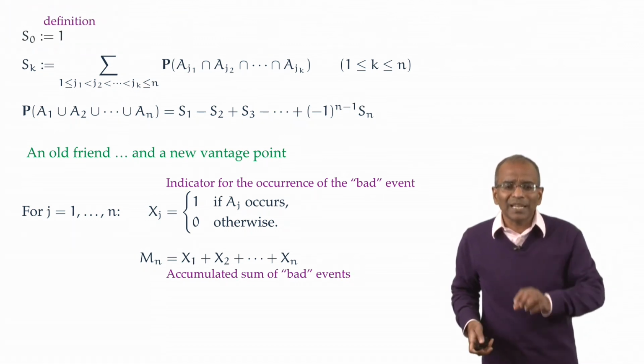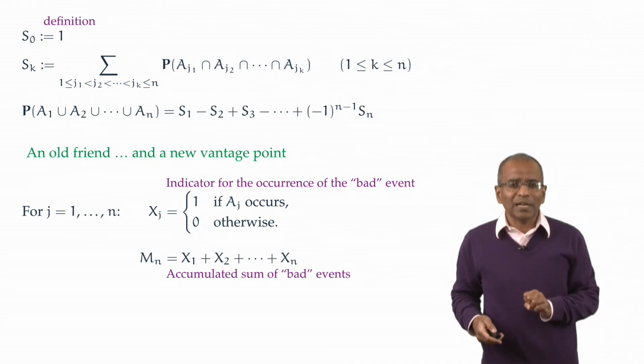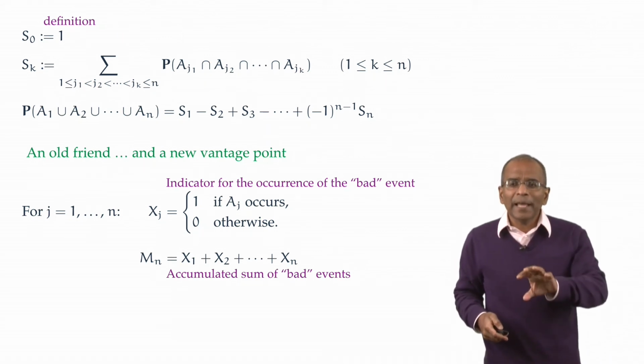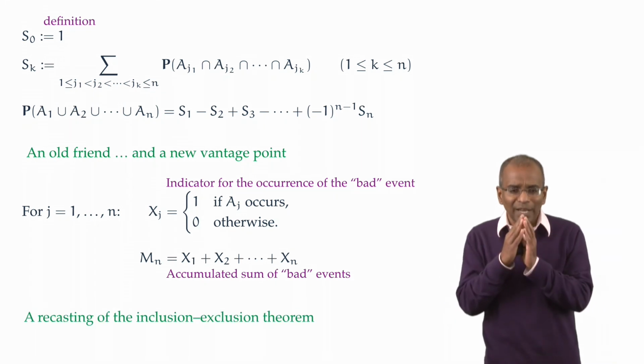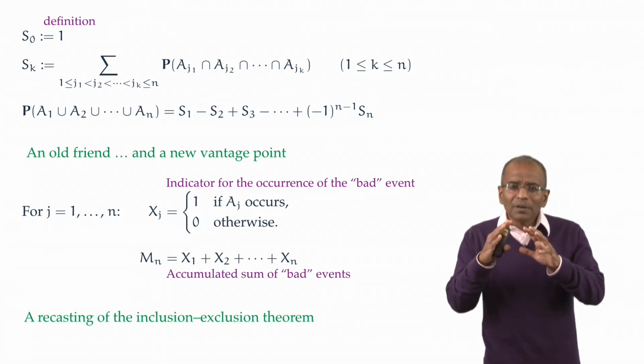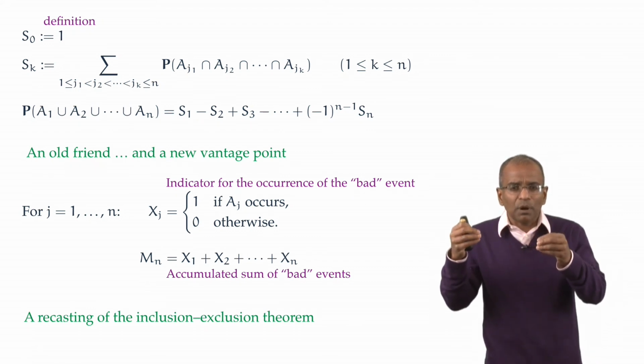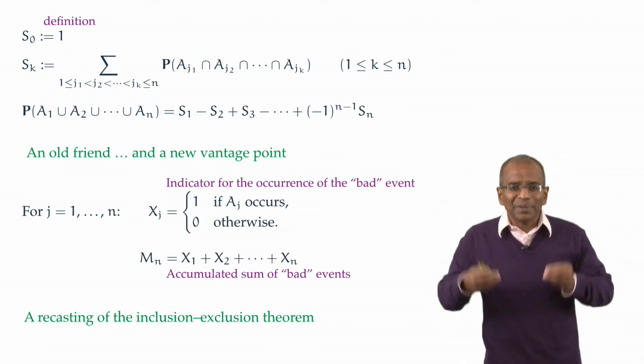Now, with this in hand, let's go and take a look at our inclusion-exclusion principle. And now, let's recast it in a very general light. So, the inclusion-exclusion principle, the probability of the union, tells us about the probability of anything bad happening.